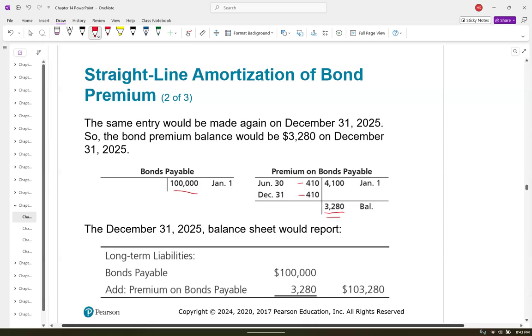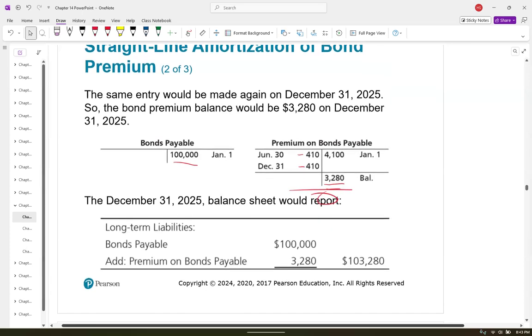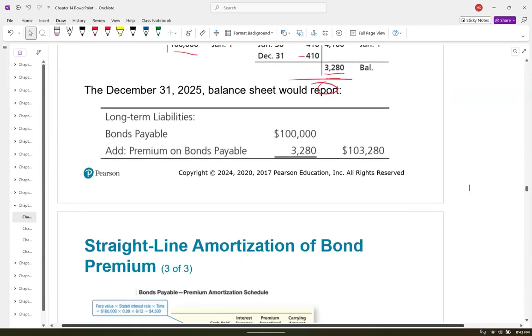Okay. And we'll keep on doing that. At the end of that bond's life, this account will have $0 in it and only 100,000 will be paid back. Okay. So after that, you can see how it's going towards the face. Remember I said on the discount, it was going up towards the face. Now it's going down towards the face of the bond.